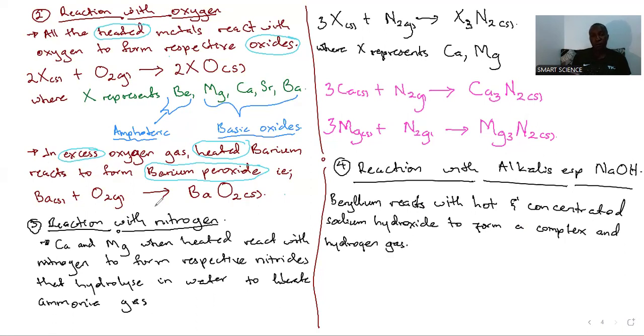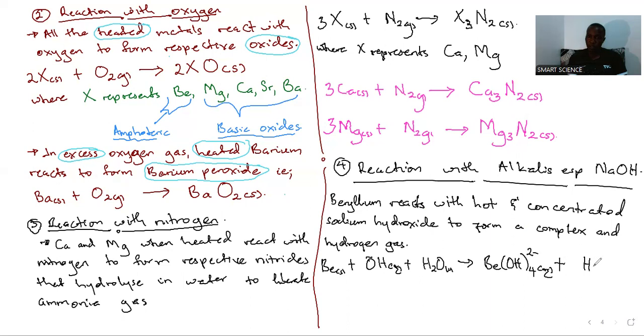As we're writing the formula of this complex, I shall be in position to name it. So if I have beryllium, which is a solid, I react it with hydroxyl ions from sodium hydroxide in presence of little water, and this one will take me to a complex of 2- aqueous plus hydrogen gas.